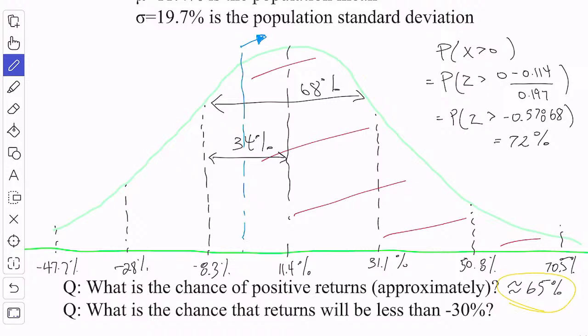All right, so negative 30 is around, it looks like it's over here somewhere. So what's the chance of being over here? It's close to negative 28. And at negative 28, we're beyond 2 standard deviations away.